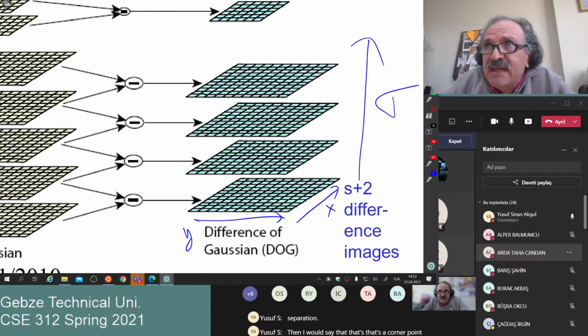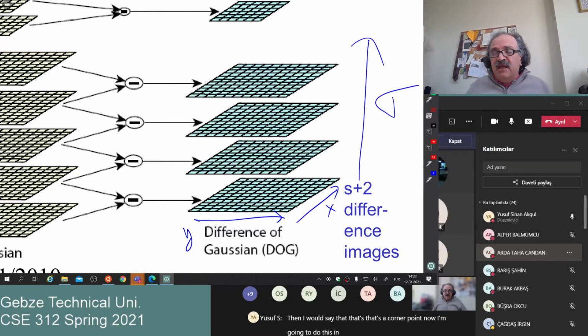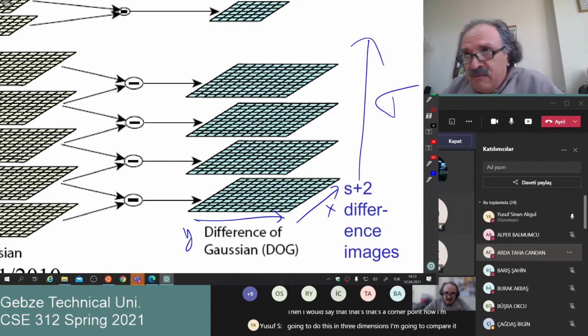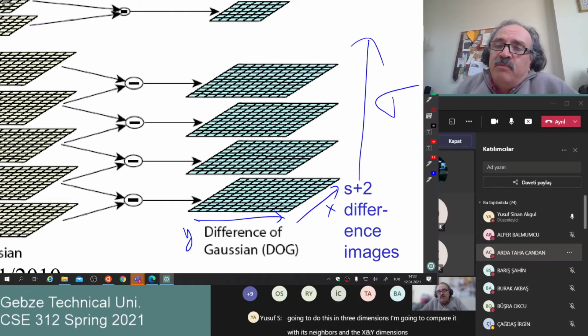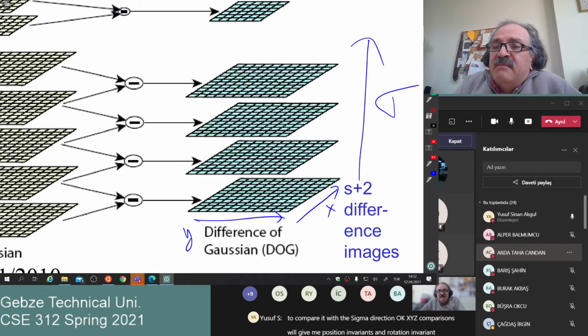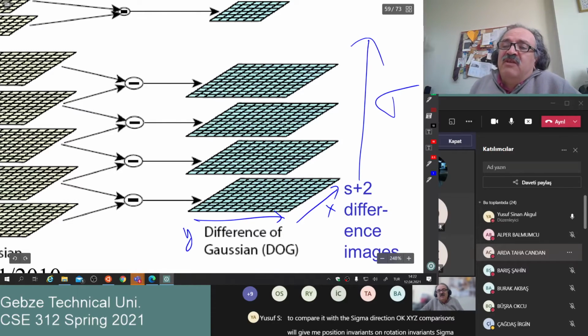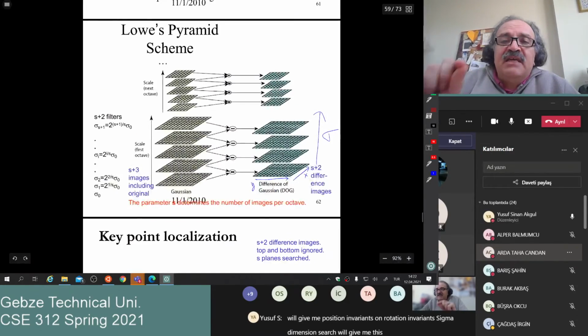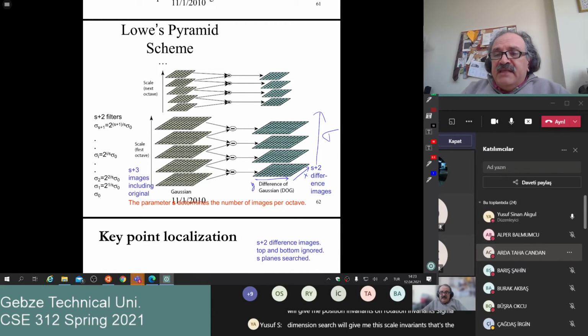Now I am going to do this in 3 dimensions. I am going to compare it with its neighbors in the x and y dimensions, and also with the sigma direction. The x and y comparisons will give me position invariance and rotation invariance. The sigma dimension search will give me the scale invariance. That's the idea of SIFT.